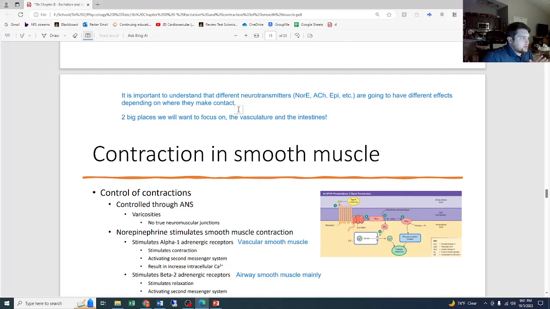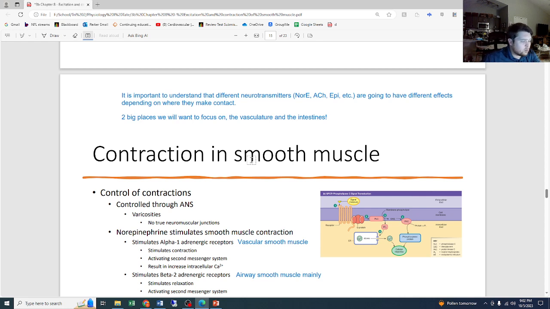I want to pause here and say that it's important to understand that there are different neurotransmitters, such as norepinephrine, acetylcholine, epinephrine, etc., like GABA, glycine, all of those in different areas. And they're going to cause a different response depending on the receptor that they bind to.